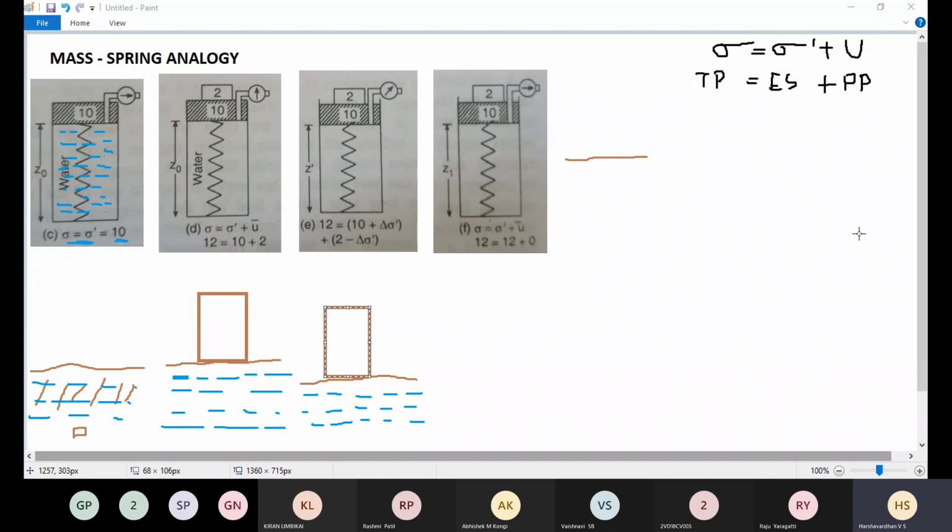Slowly the excess pore pressure is dissipated, and the soil takes that extra load. Now this happens over a period of many years. As the water is getting dissipated out of the system, slowly that extra pressure carried by the water is transferred to the soil.